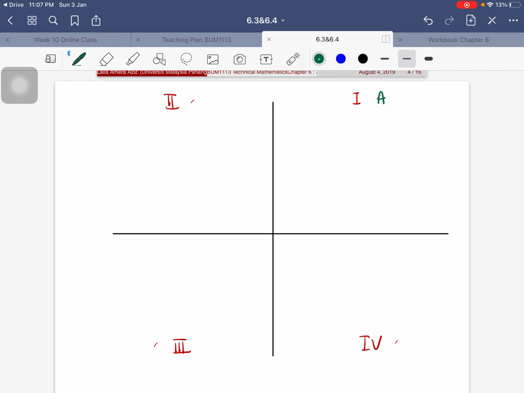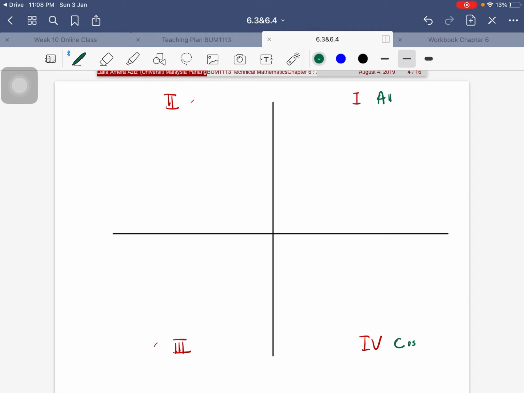And how does the name CAST actually come across? I should have explained the fourth quadrant first. When you come across the fourth quadrant, every cosine function is going to be positive. And the first quadrant is going to be A, which stands for all trigonometric functions.